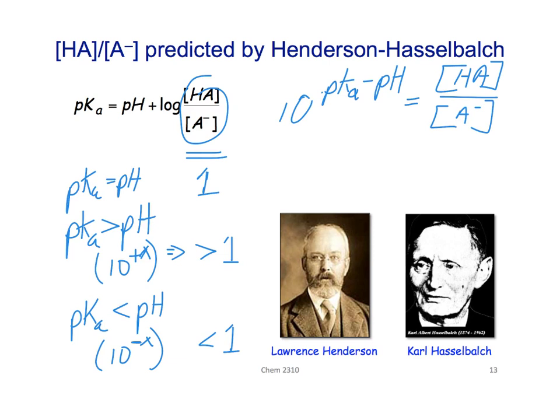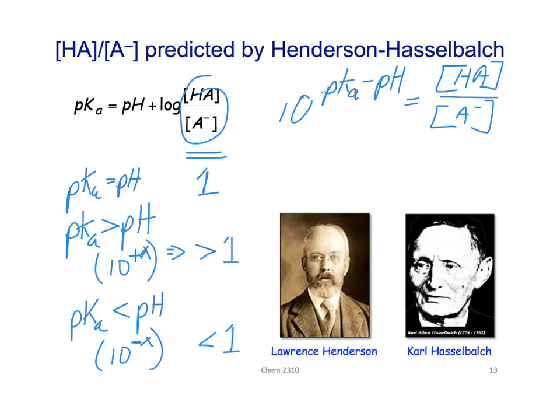So the main thing is, when the pH equals the pKa, we have a 1-to-1 ratio. When the pH goes below the pKa, we shift to the acidic side. When the pH goes above the pKa, we shift to the basic side. Okay? So we can just manipulate which direction we're at.